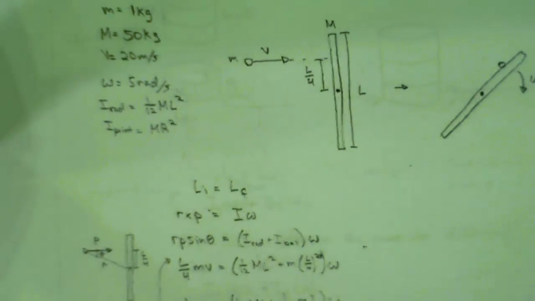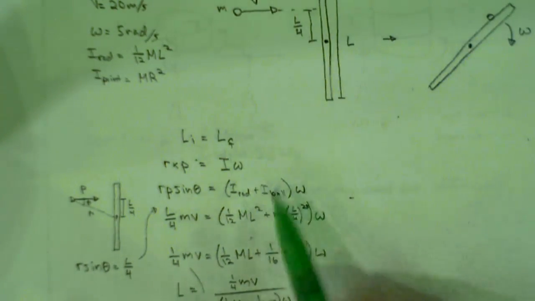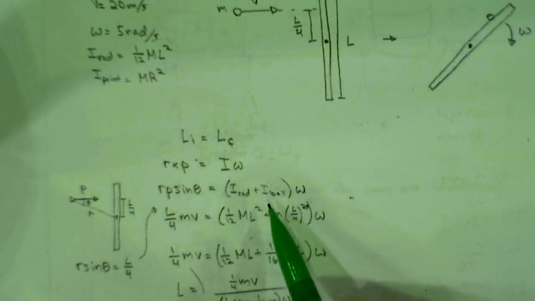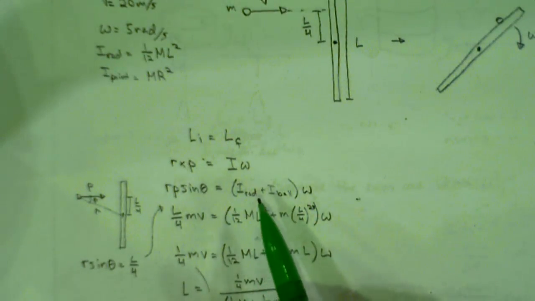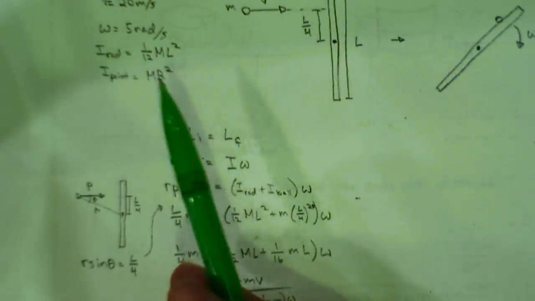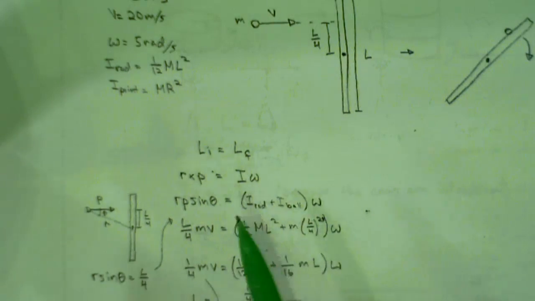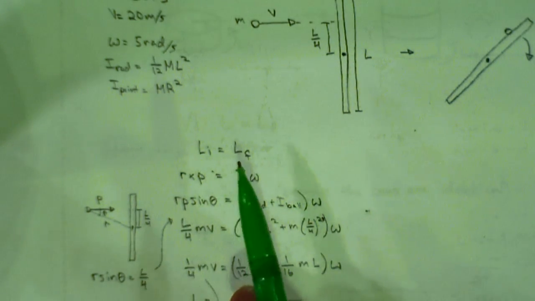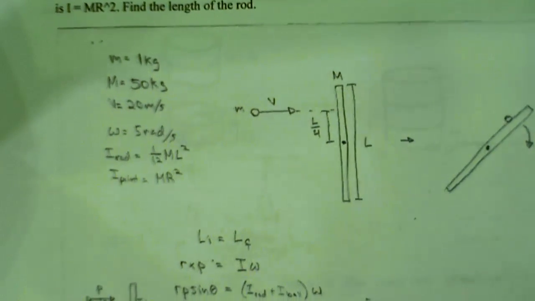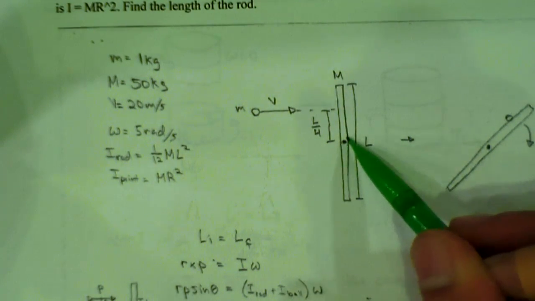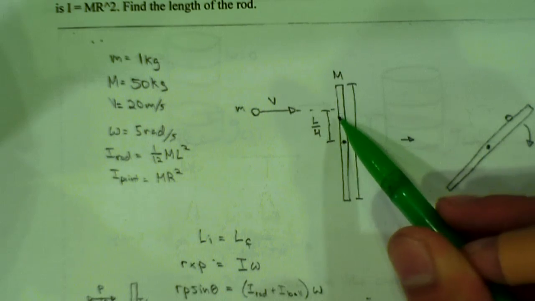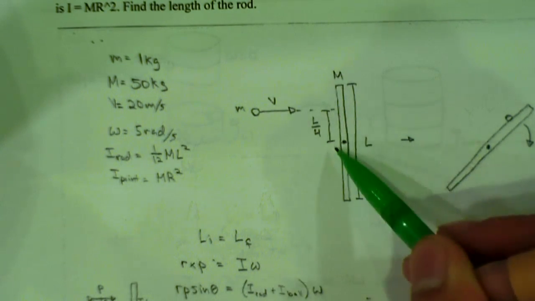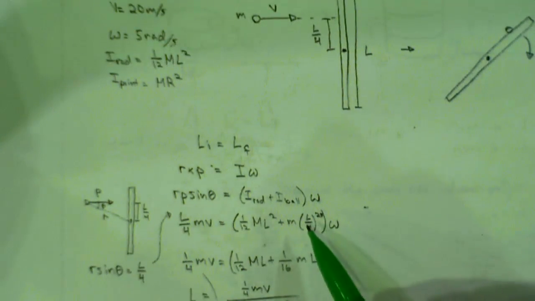When we have angular momentum and they stick together, we add the two moments of inertia. So for the rod, it's given that it's 1/12 mL squared. And for the point, which is the ball, we have mr squared. And for this case, r is the distance from the center of rotation to where it's finally at. So we're going to have L over 4 as r. So we throw that in there, and then we square it.